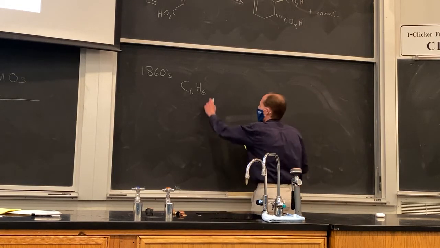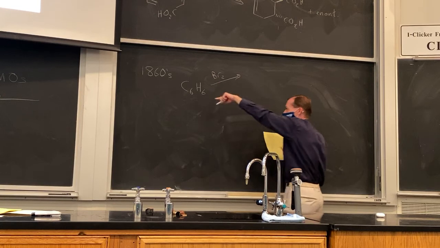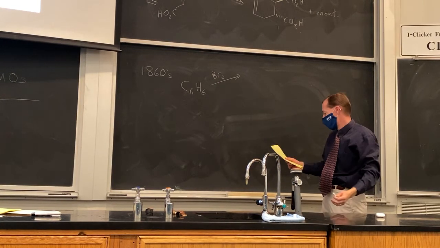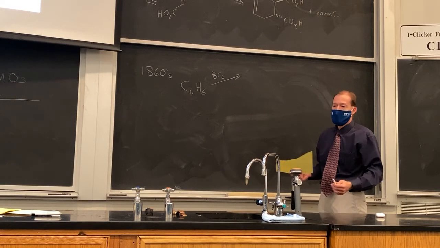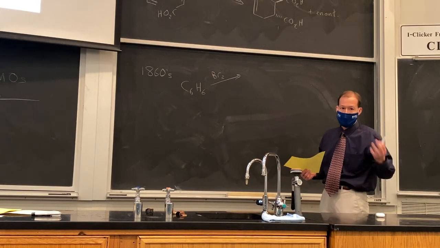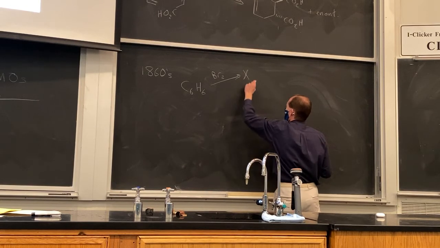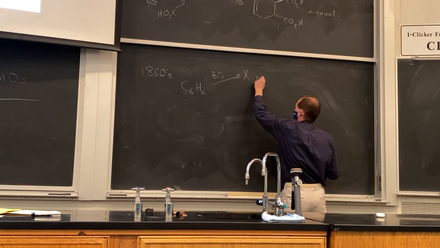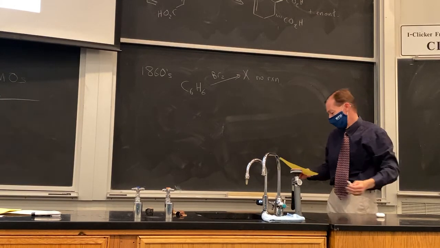So some organic chemist tried to react benzene with bromine. We know, I showed you the demo in class, that alkenes react instantaneously with bromine. So they were shocked to find that there was no reaction when they reacted benzene with bromine.